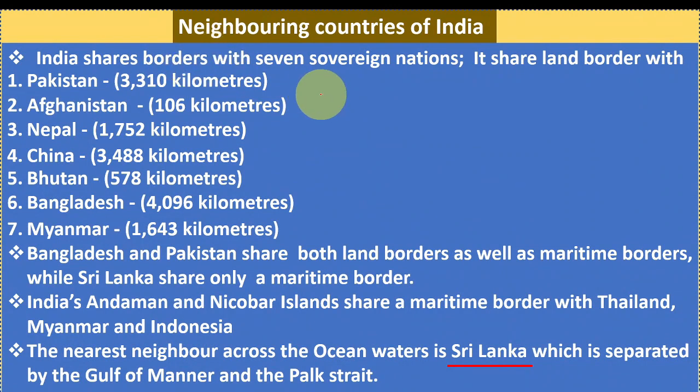Here are some facts about the neighboring countries of India. India shares a border with 7 sovereign nations.